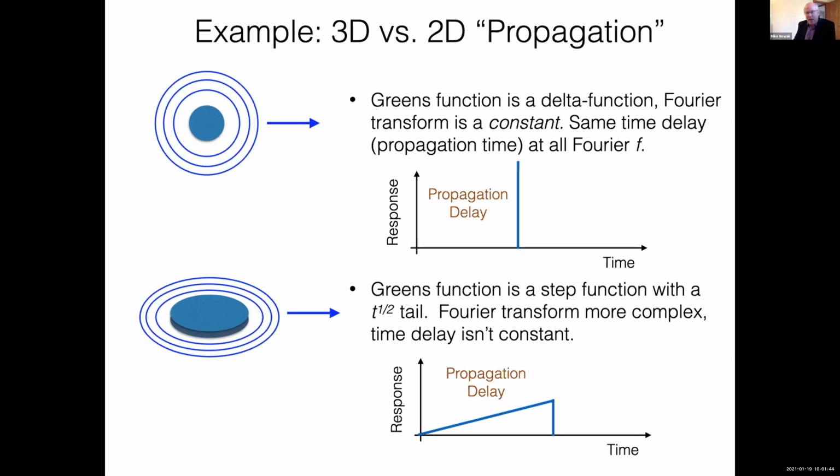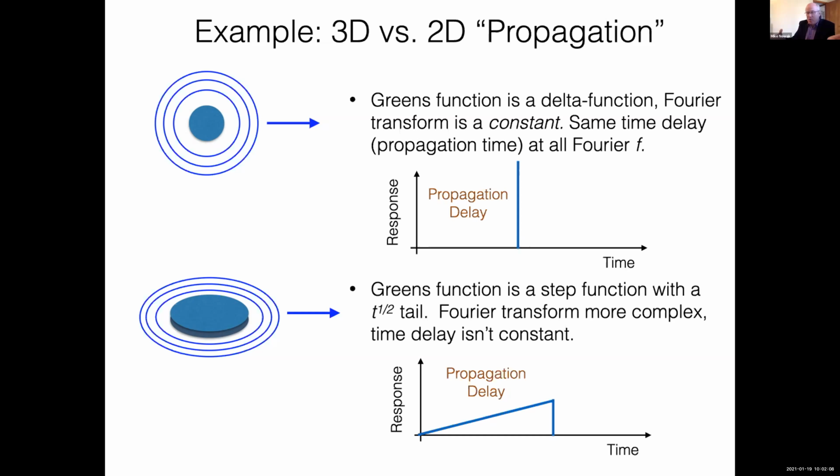For example, if I have a wave going out in 3 dimensions, I can look at the response of that wave via Green's functions. For 3 dimensions, that response is a delta function. And a delta function has a Fourier transform which is a constant, which basically means that the phase I'm going to measure really is just a single time delay.